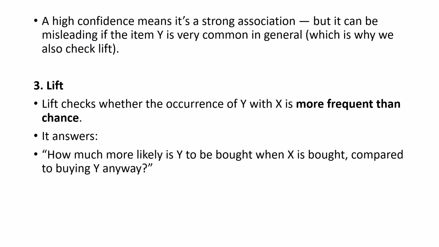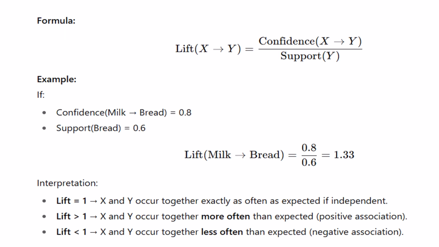Hence the next term has come, which is called lift. So lift checks whether the occurrence of Y with X is more frequent than the occurrence of X with Y. So how much more likely is Y to be bought when X is bought compared to buying Y alone? For example, confidence of milk tends to bread equals 0.8 and support of bread equals 0.6, then the lift value becomes 0.8 divided by 0.6, which is 1.33.